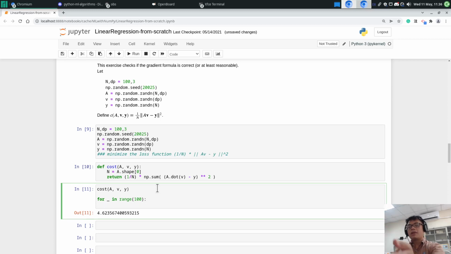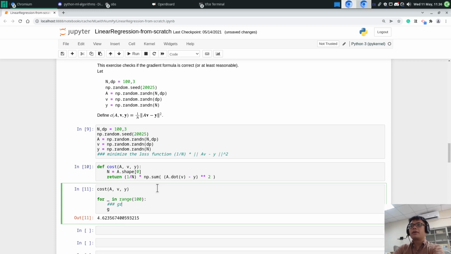And among these 100 rounds, we are going to calculate the gradient. Let's say gradient is equal to 2 over n, right? And times (Av minus y), this is a row vector, and times A, and that's it.